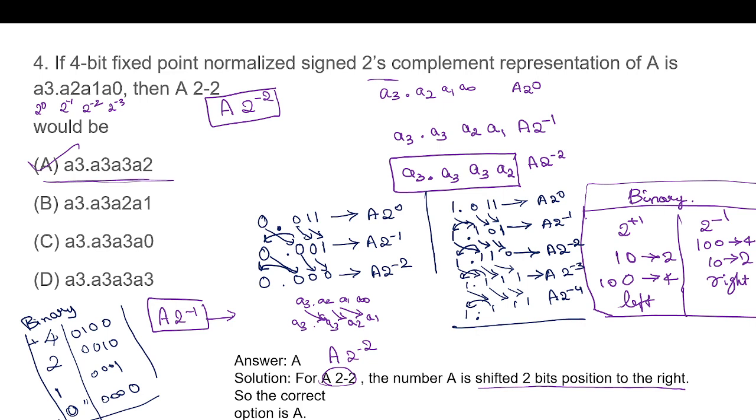Is it correct? No. If we are extending, the a3 bit will be the sign bit. If it is a negative number, then a3 will be 1, so 1 will be extended. If it is a positive number, then a3 will be 0, so 0 will be extended. So for a positive number, there won't be any change.